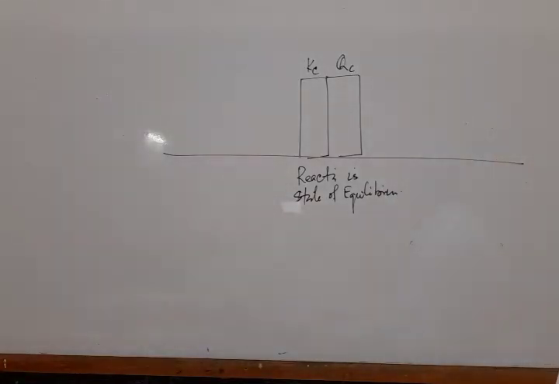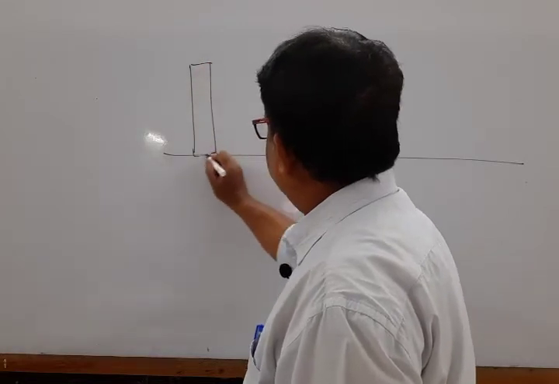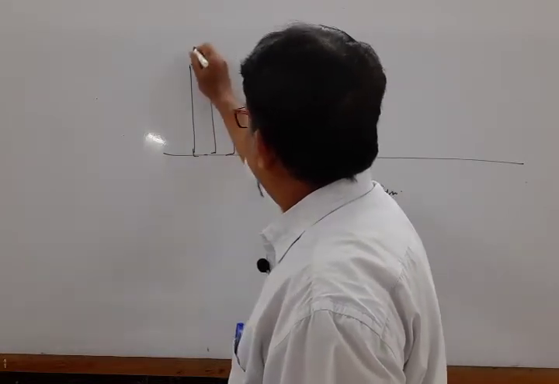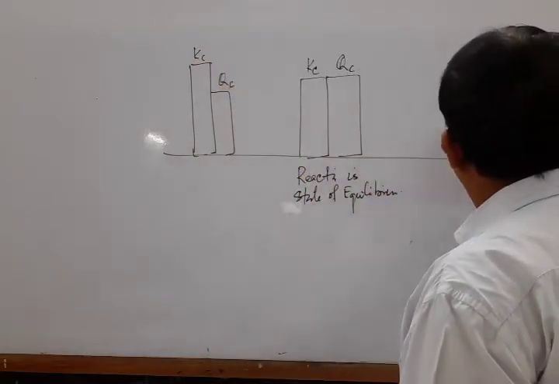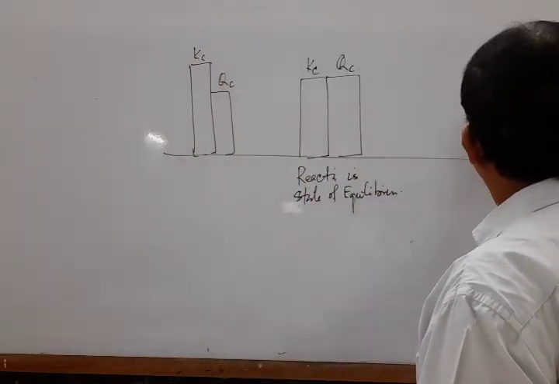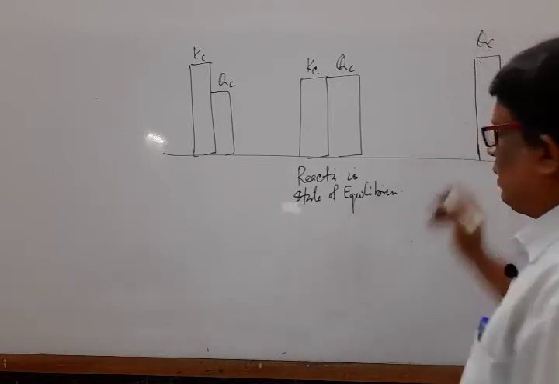On the other hand, here mark that it is known as Kc, it is known as Qc. Here it is known as Qc, it is known as Kc.